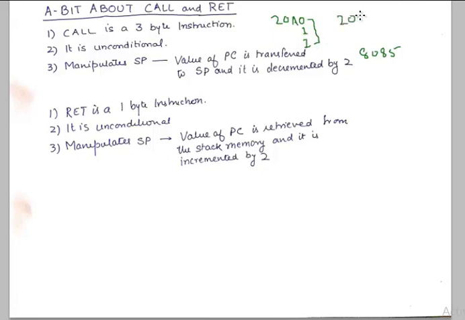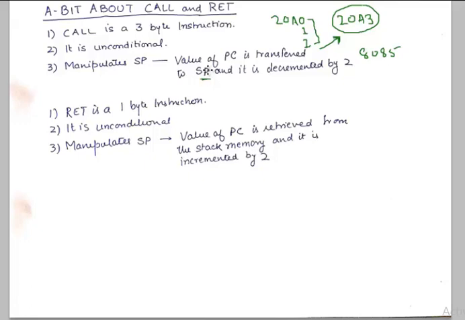So 20A3 is the memory location that we need to save somewhere so that return can use that memory location to come back to where we left off. So value of this PC, this program counter where we wish to come back, is transferred to stack.